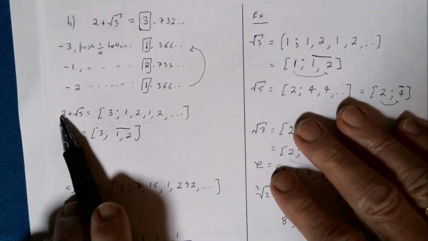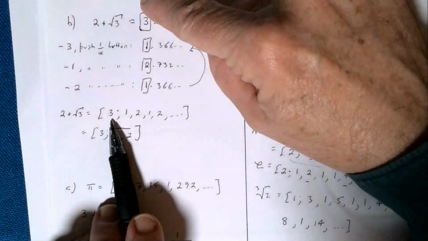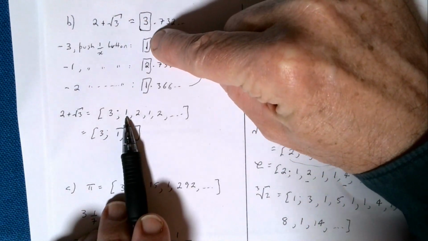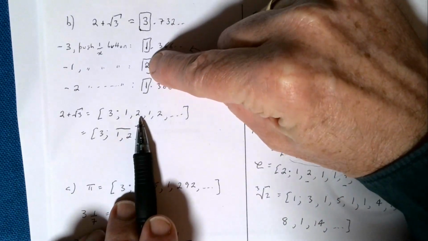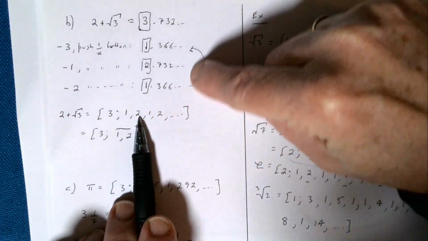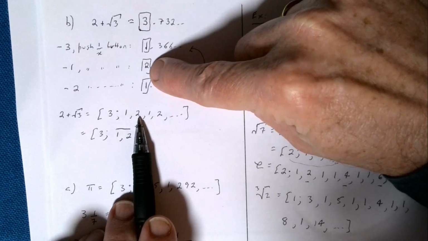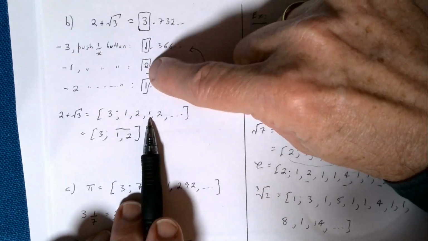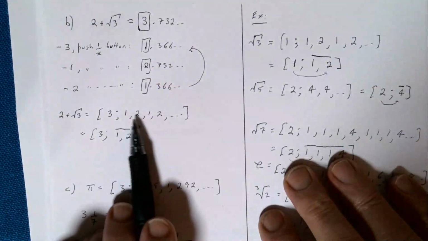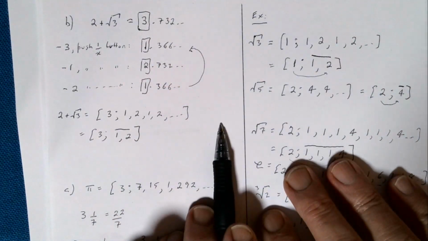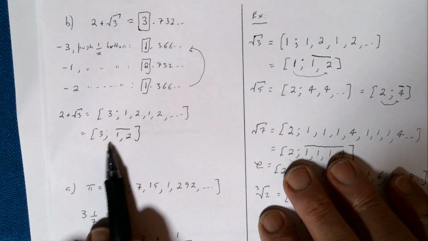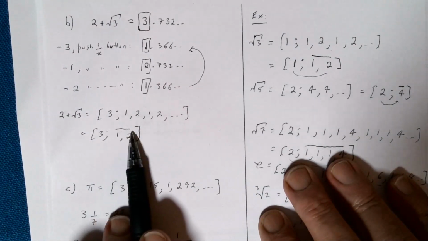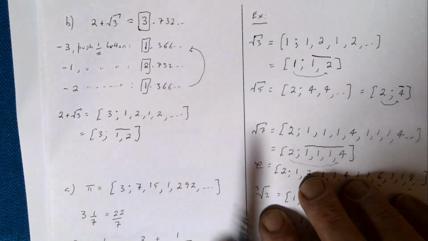So the continued fraction then has 3 as the integer part. The next thing you got was a 1, and then a 2. And when you did the next operation, it got you back to here again. So that's your 1, and that's 2, and it's just going to go 1, 2, 1, 2, 1, 2 forever. And we're going to write that as 3 semicolon 1, 2 with a bar over it to show that that repeats forever.